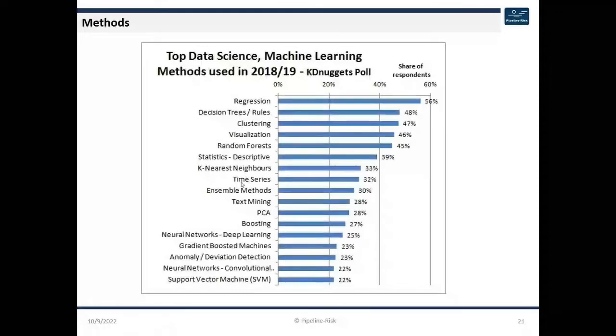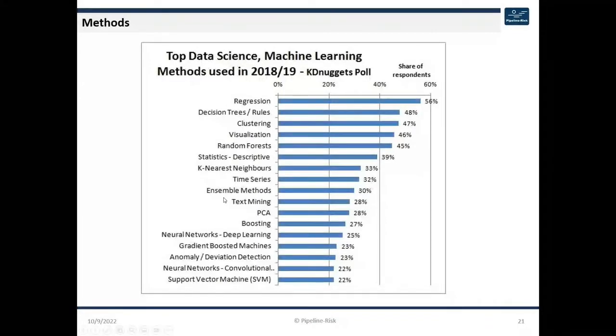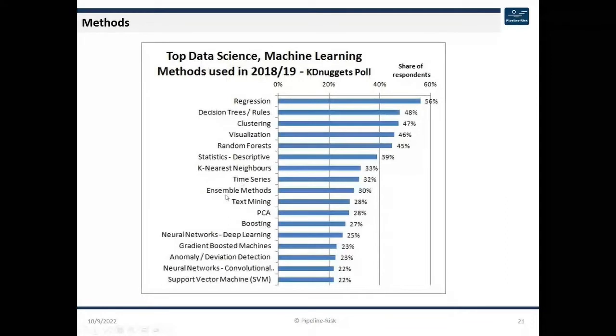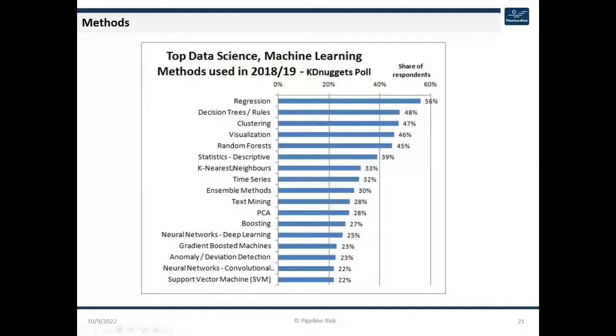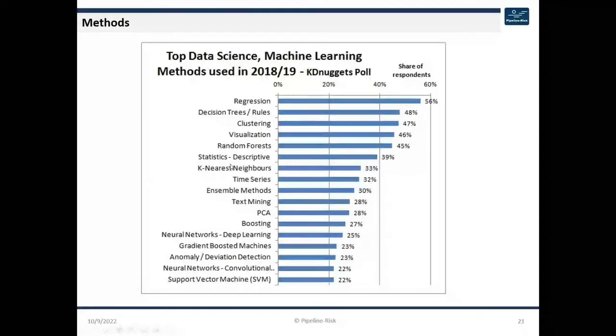Ensemble, when you hear that word, just means a collection of maybe many different types of algorithms. And here we've got PCA, which is principal component analysis, and then boosting is also similar to decision trees. In this case, it's a whole bunch of trees in series. Then we have deep learning, and here's gradient boosted machines, repeated again, etc.